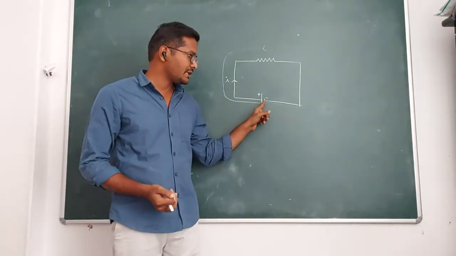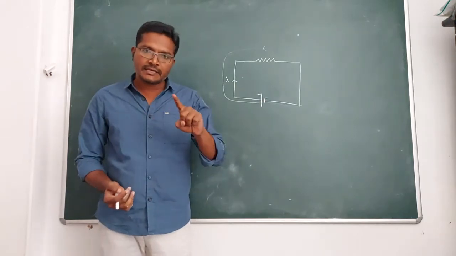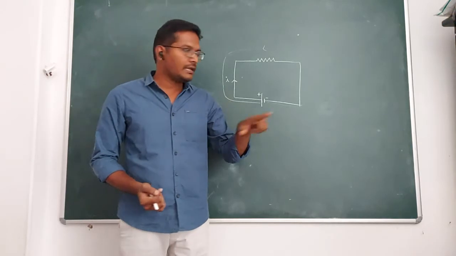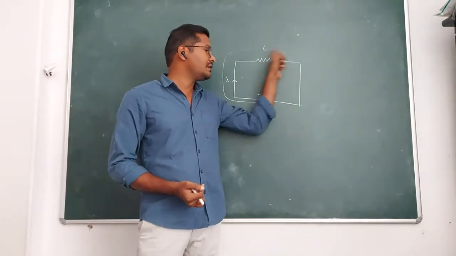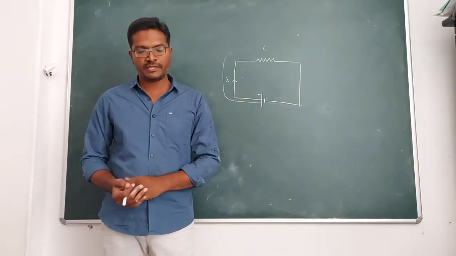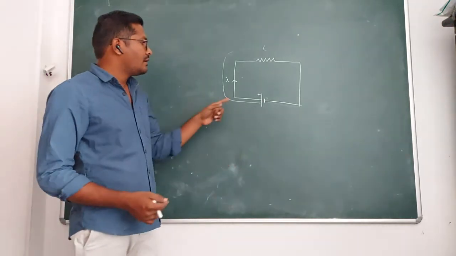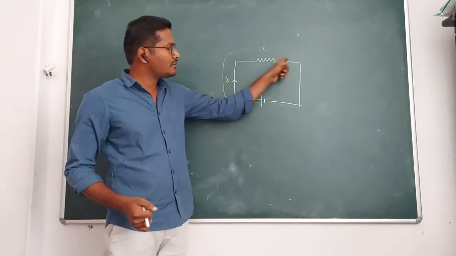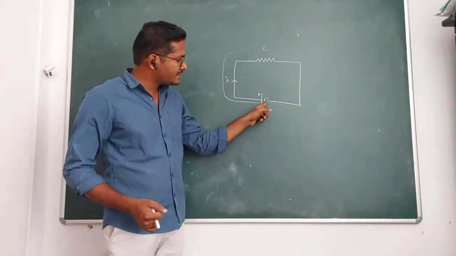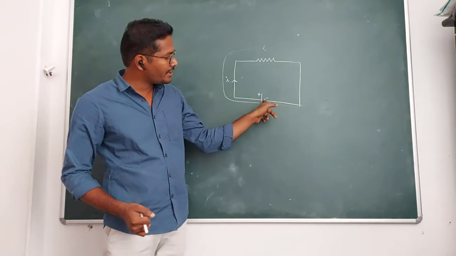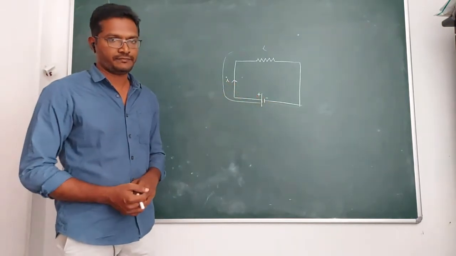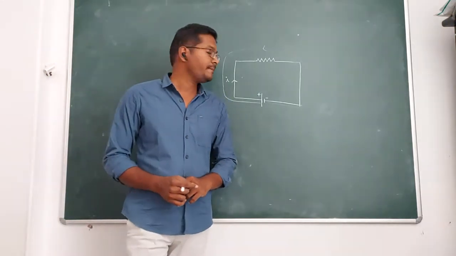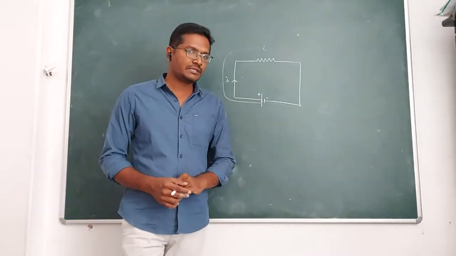This is said to be higher potential, and this is said to be lower potential. Outside the cell, electrons move from lower potential to higher potential. This is also for current: outside the cell, current moves from higher potential to lower potential, and inside the cell, current moves from lower potential to higher potential. So these are the directions. Don't get confused by them. These are very important questions also.